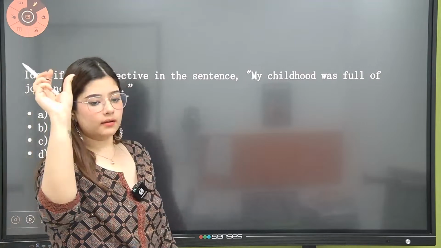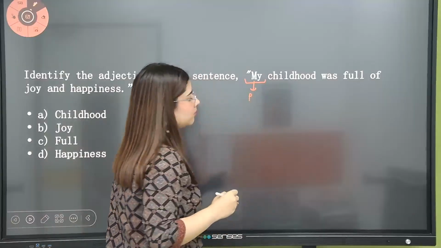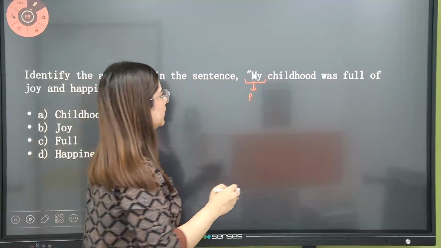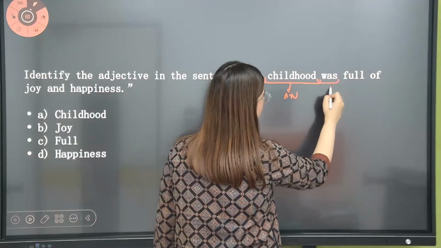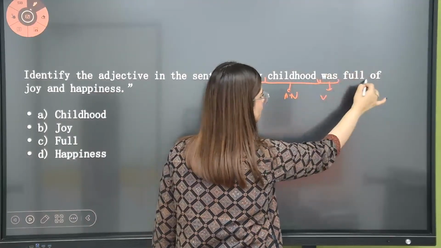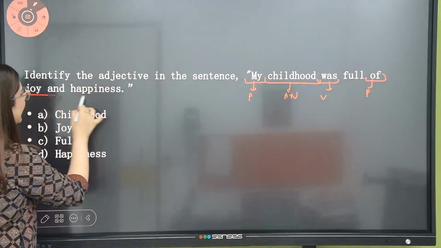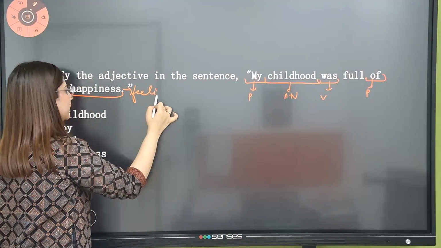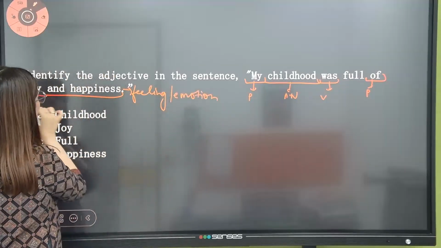चलो एक एक, let's break down. My, pronoun. Childhood, abstract noun. Was, verb. Full, छोड़ देते हैं. Of, preposition. Joy and happiness, feeling, emotion, abstract noun.